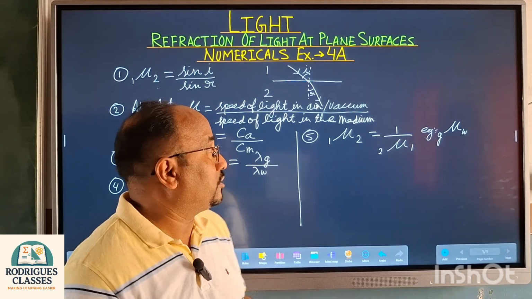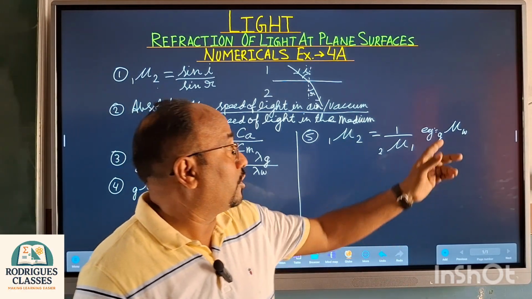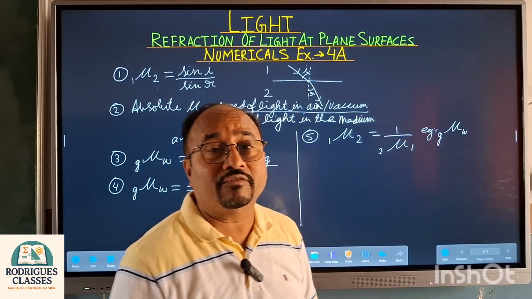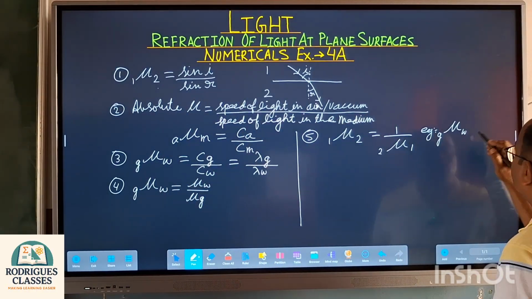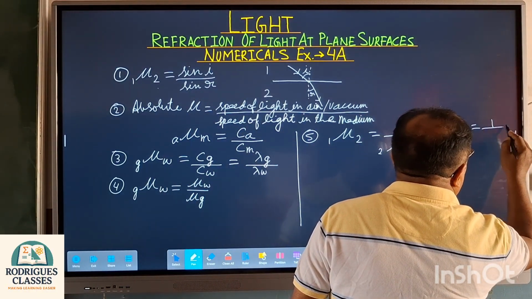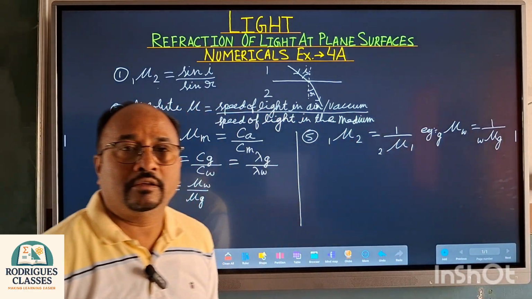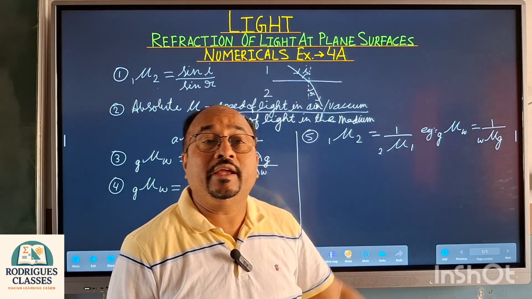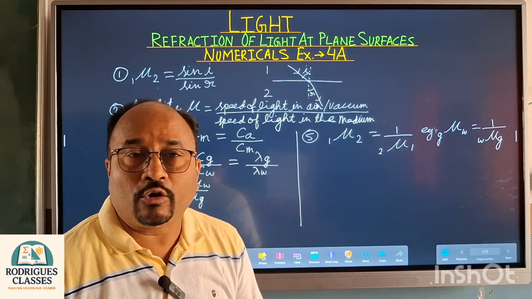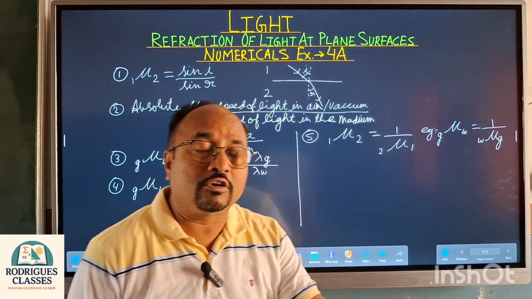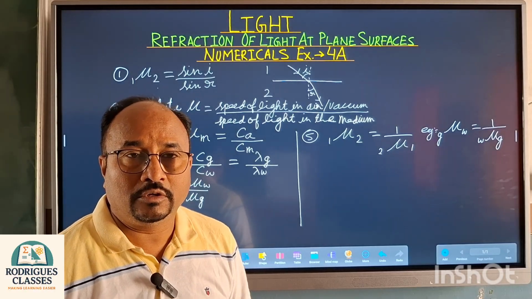So if I just take the reciprocal of this, I can get the refractive index of water with respect to glass. So this will be written as 1 by W mu G. Remember, very important one to quickly get it. If you remember it and it comes in an MCQ, you can solve it mentally also.